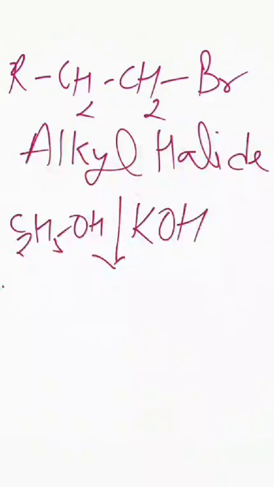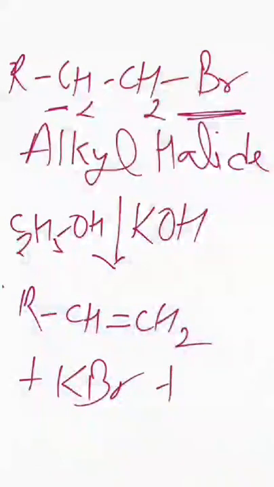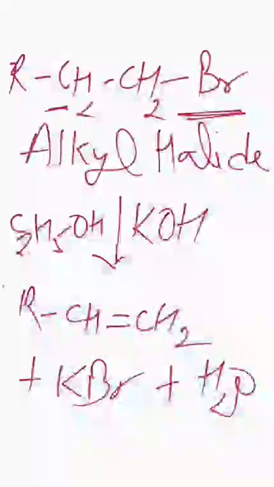So what happens now in this reaction? This bromine is removed in the form of bromide, and at the same time a proton is removed from this beta carbon. So what will we have? We will have an alkene like this, we have KBr, and we have water. So this is a typical dehydrohalogenation of an alkyl halide, which is an example of elimination reaction.